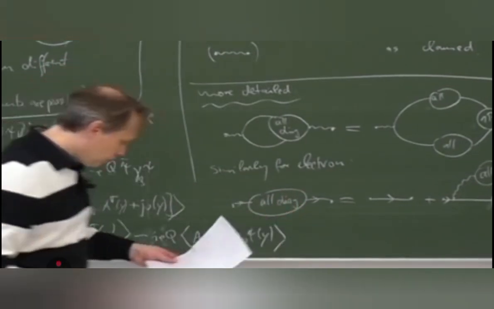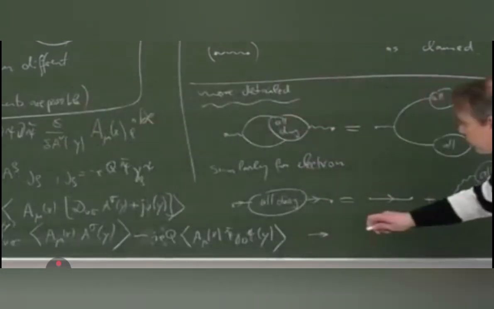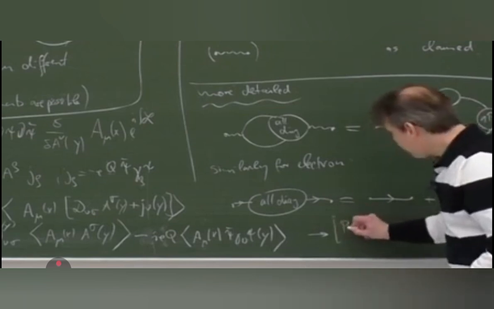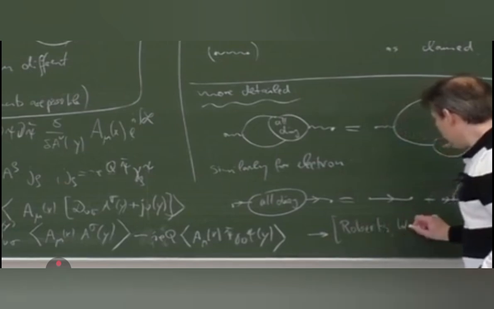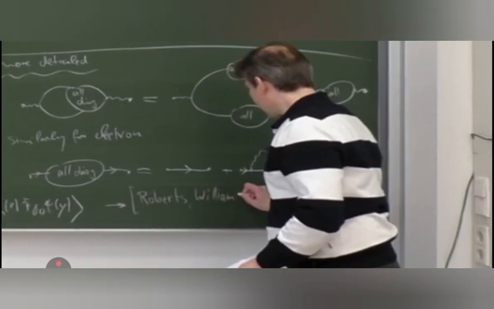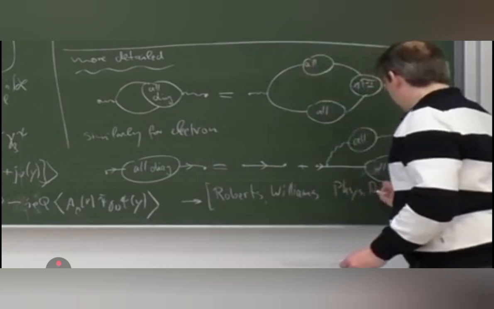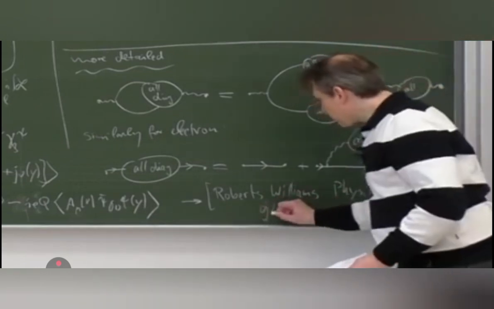And these examples are also explained in a nice review which I want to point out to you. There is a review about this by Roberts and Williams, in Physics Reports, and the arXiv number is this.